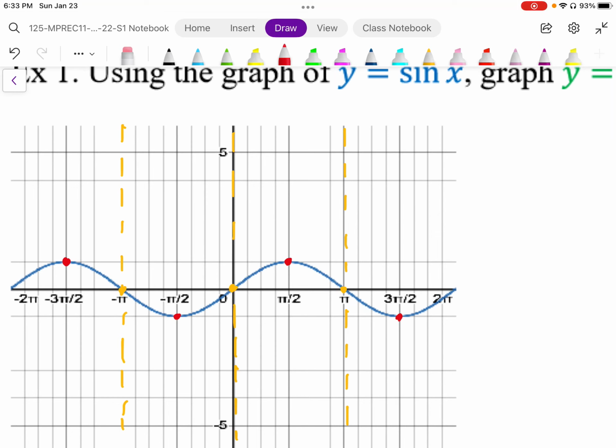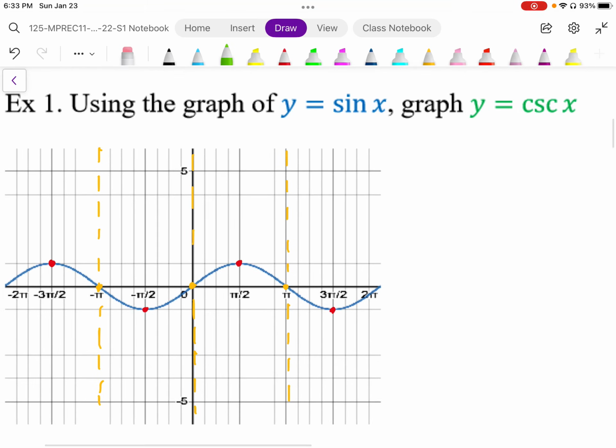When I sketch my cosecant function, I'm going to start at 1, and as everything's moving towards 0, everything moves away from 0 and up along the asymptote. Again, if we look at 3 pi over 2, the graph's moving from negative 1 towards 0, so the reciprocal graph must move away from 0 to the asymptotes.